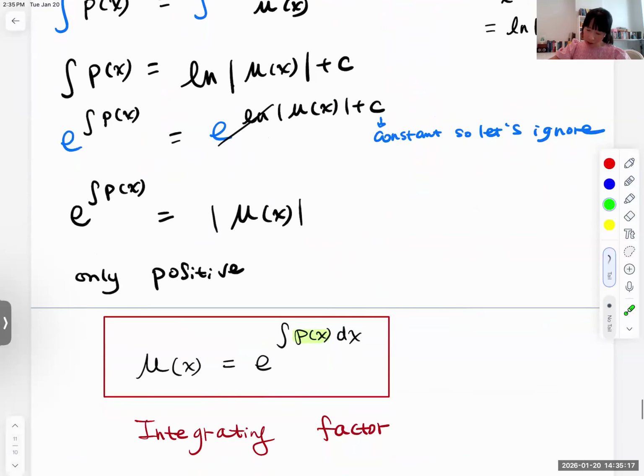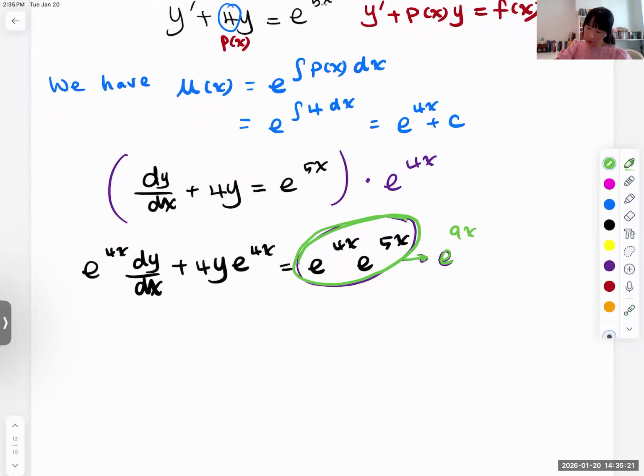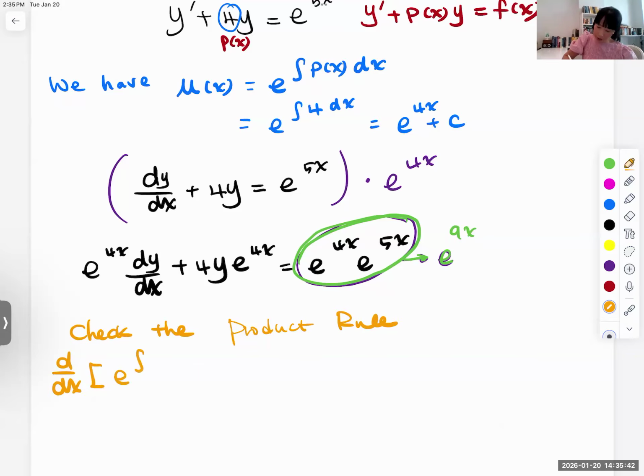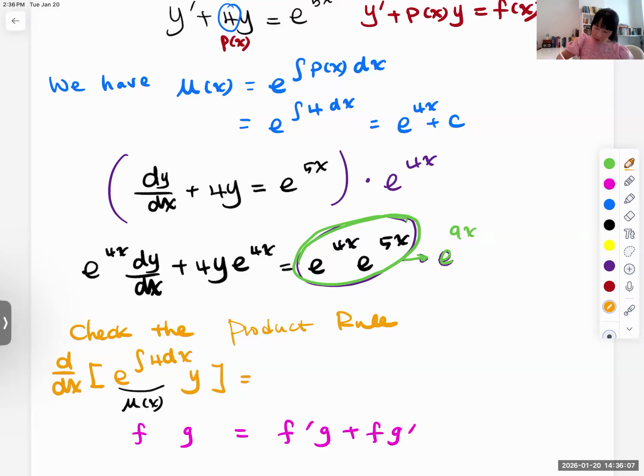So let's check the product rule. We have the derivative of e to the 4x times y, where mu of x is e to the 4x. The product rule is f prime g plus f g prime.